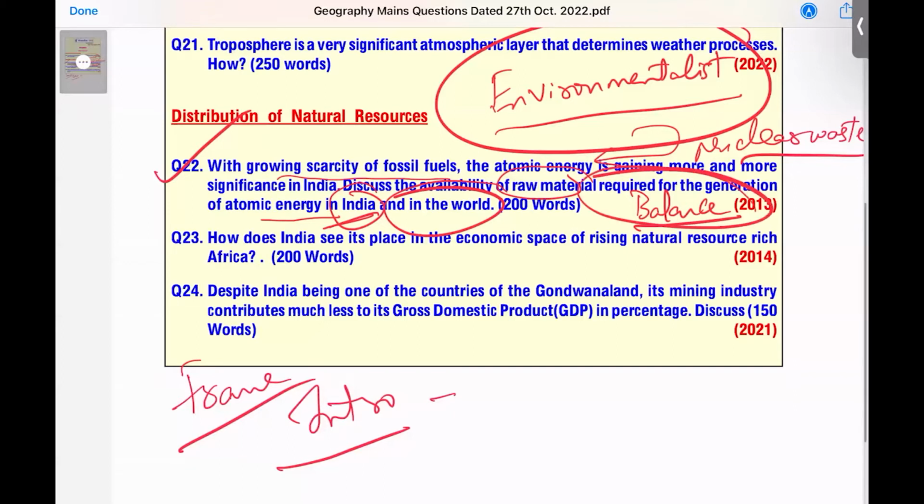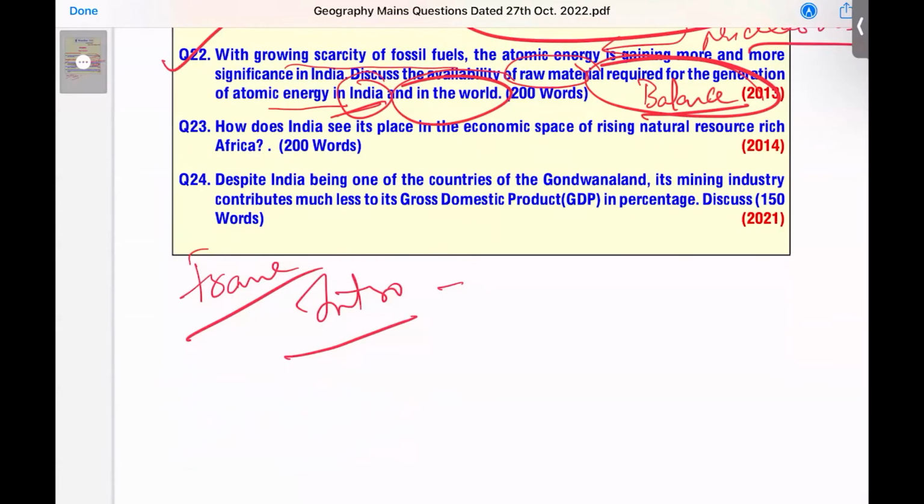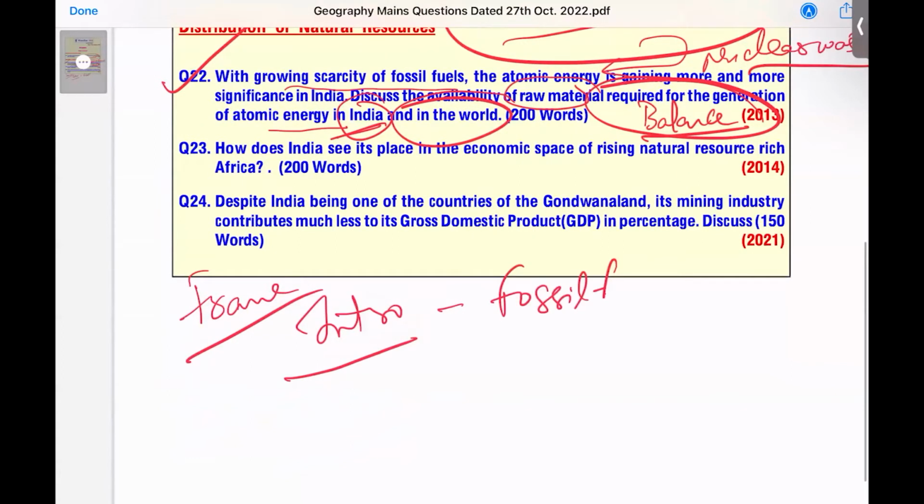You can say it's not only the fossil fuel scarcity, but also the pollution caused by the fossil fuels. So you bring this dimension into the answer, which is causing the greenhouse effect and global warming.